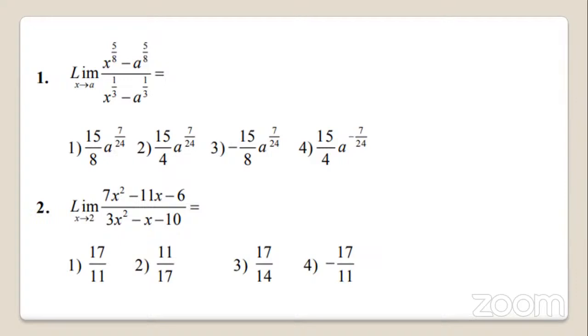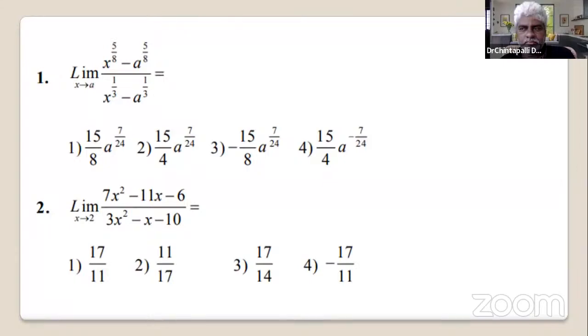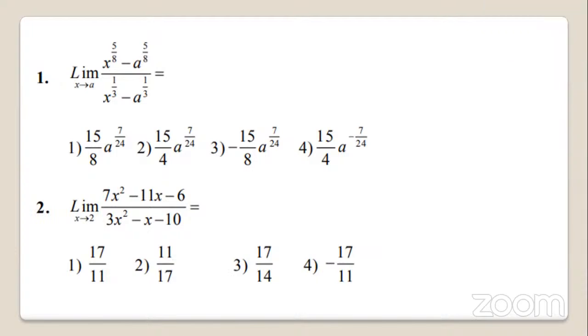Now factorizing 7: 7x square minus 14x plus 3x minus 6, which gives 7x, x minus 2.